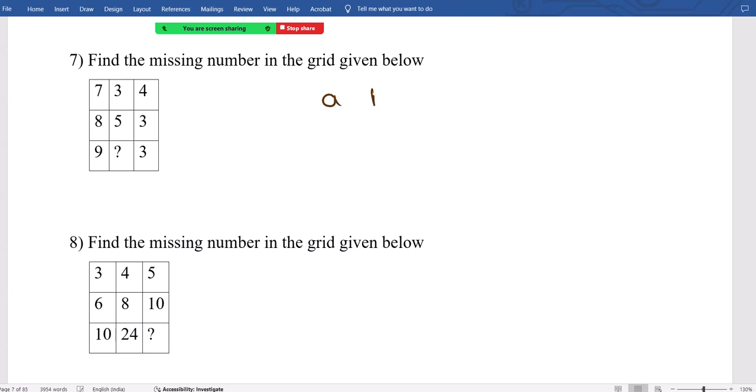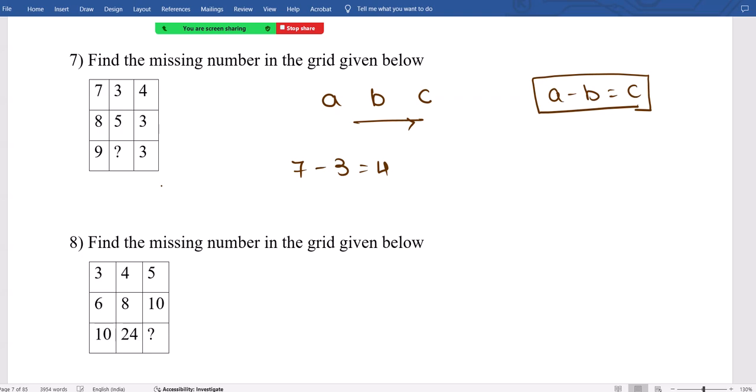If you take row wise A, B, C, A minus B is equal to C. Guys, you observe subtracting 7 minus 3 is equal to 4, or 8 minus 5 is equal to 3. Whereas the 8th question is again a numerical puzzle. Now you see that 3, 4, 5 triplet, right?